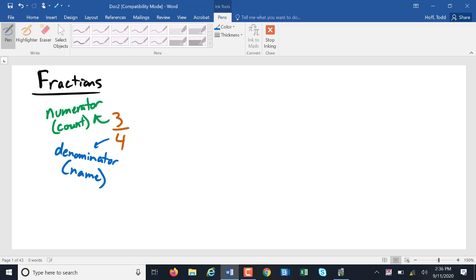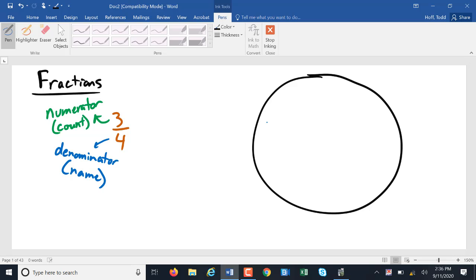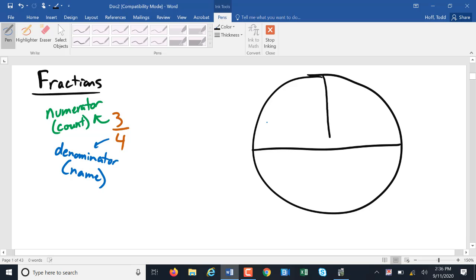So the first thing we need to explore is what does it mean to have a name of fourths? Well, the easiest way to do that is to go back to the old elementary school drawing of a pie or a pizza. Pretend that looks like a circle. When I draw, you're gonna have to do a lot of pretending because I'll put it bluntly, I suck at drawing. Fourths means that's cut into 4 equal pieces.